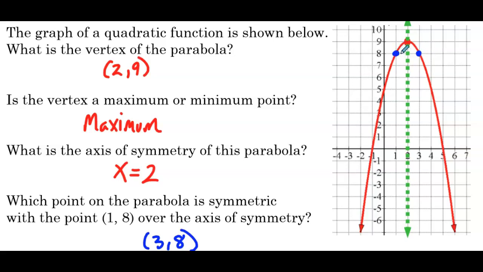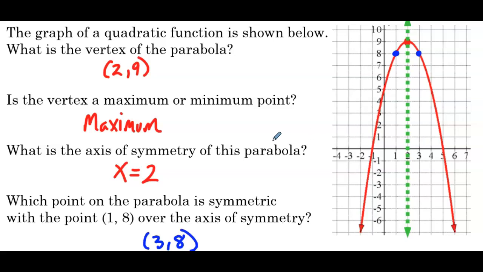Okay, they need to reflect, right? If I folded this graph over the green line, they should match up. And x equals 1 is 1 away from x equals 2, which is the axis of symmetry. It's 1 to the left, so my symmetric point should be 1 to the right. So to the right of 2 would be positive 3.